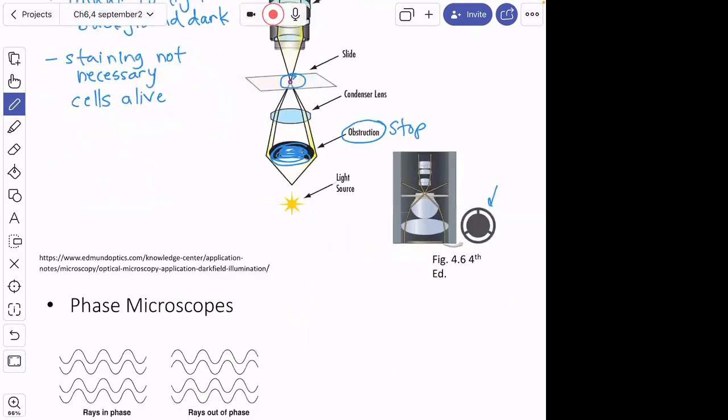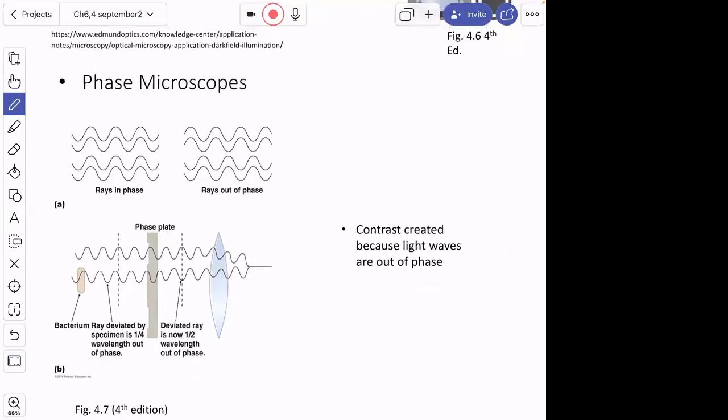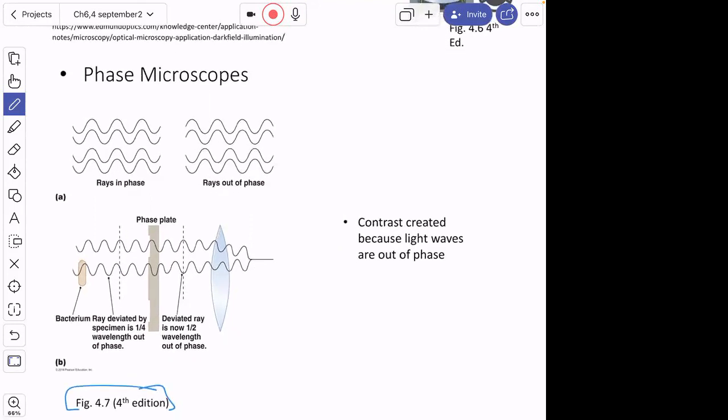Another light microscope. There's a couple different kinds of phase microscopes. And the newest edition of the book kind of left out this whole explanation of what it means for light to be in phase or out of phase.